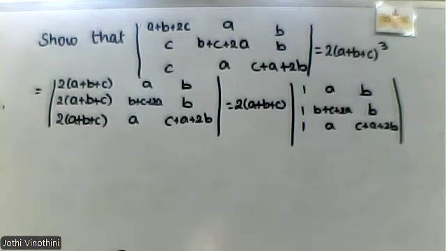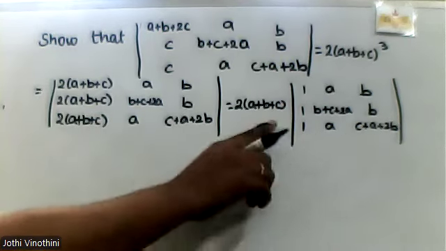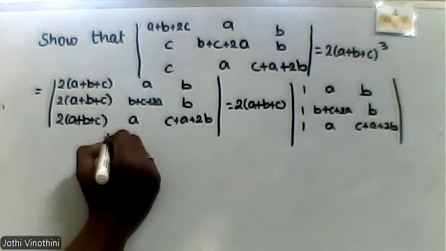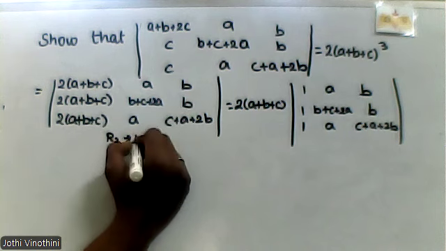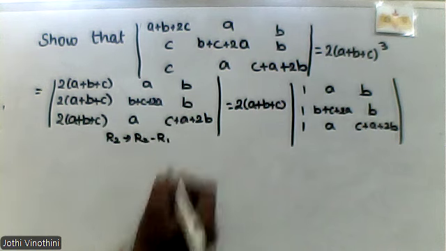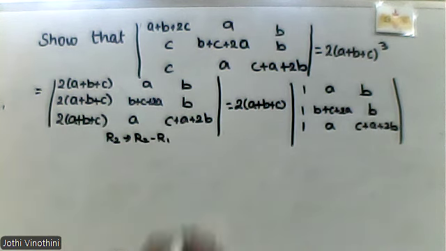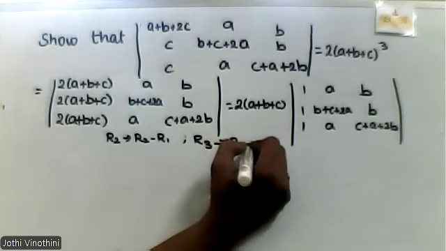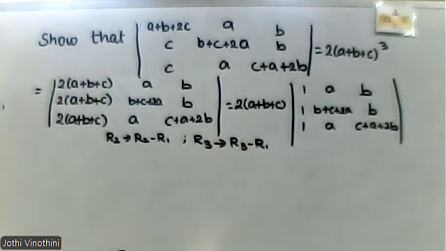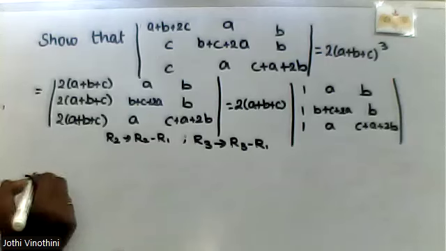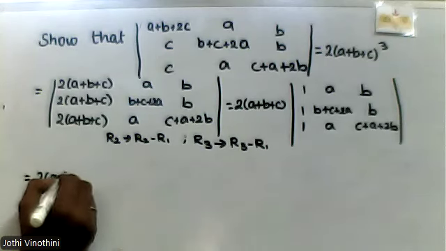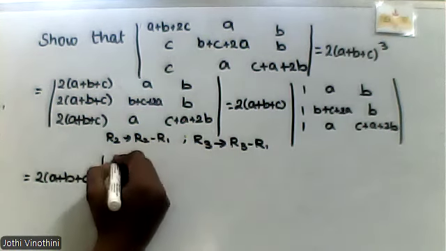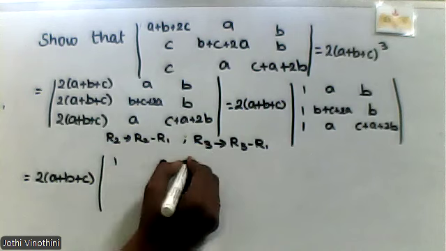So what is the next step? My next step is to replace the second and third rows in the matrix. I am going to replace row 2 by row 2 minus row 1. Similarly, I am going to replace row 3 by row 3 minus row 1. We keep 2 multiplied by (a plus b plus c) as common, and row 1 we never touch, so it remains the same.